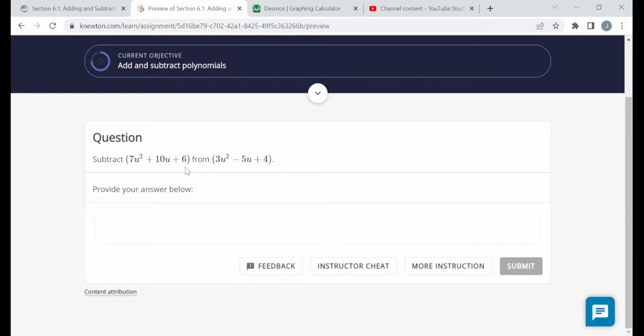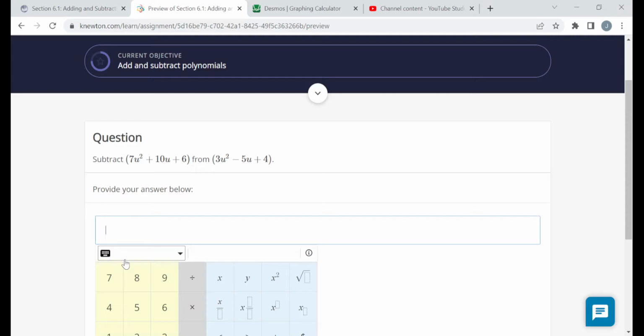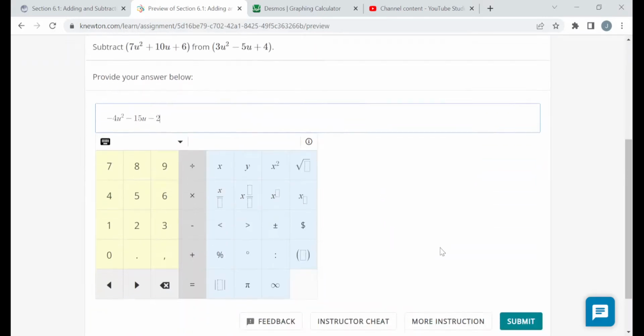You distribute the negative. 3u squared minus 7u squared would be negative 4u squared. Then negative 5u minus 10u would be negative 15u. And then we have 4 here, minus 6 would be negative 2. And none of the terms I just typed are like, so that's as simple as that gets.